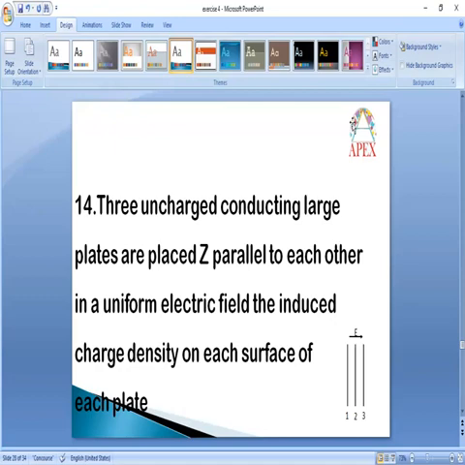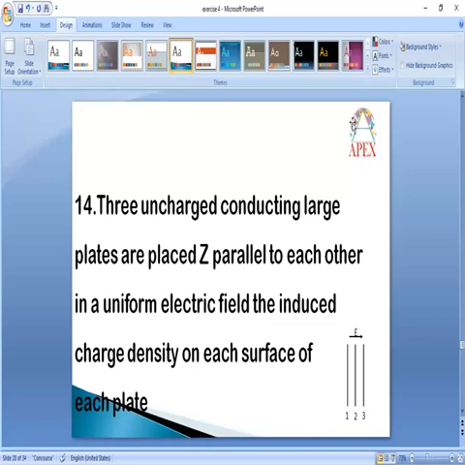Three uncharged conducting large plates are placed parallel to each other in a uniform electric field. Find the induced charge density on each surface of each plate. All are uncharged conducting plates. That means conducting plates only, but the total charge of each plate individually will be 0.